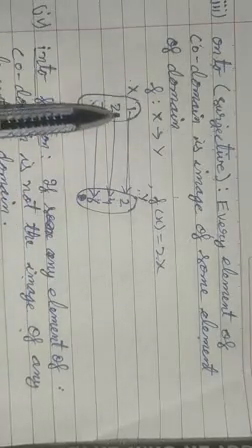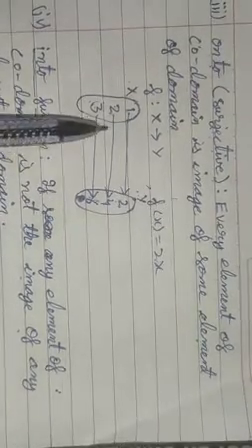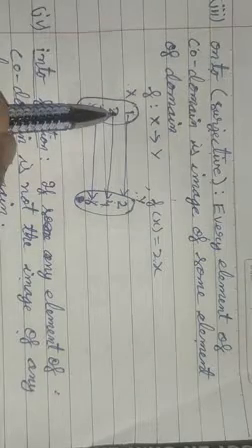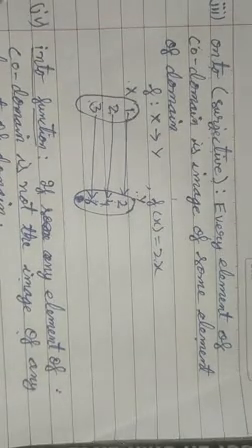So again similarly as we have done earlier in one-one function, image of 1 will be 2, image of 2 will be 4, image of 3 will be 6. So for every element of the codomain, every element of the codomain is image of some element of the domain. So this is onto function.